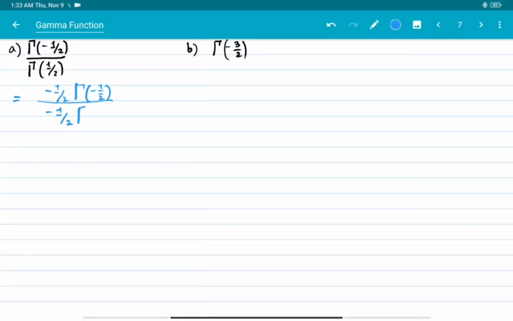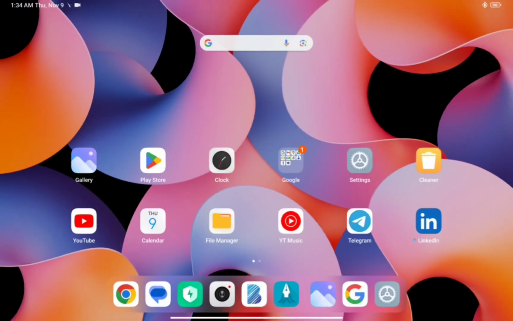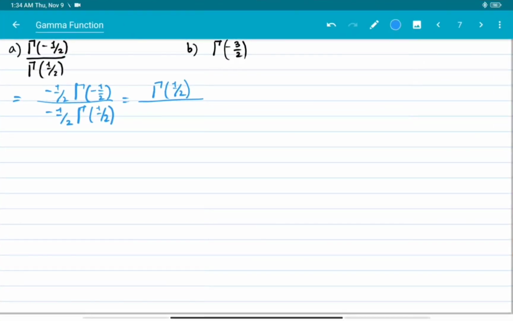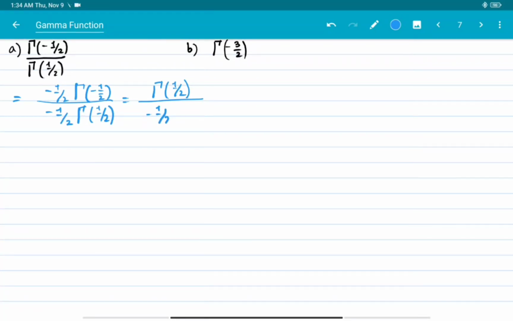So minus half times gamma of minus half becomes gamma of half in the numerator, and the denominator is minus half times gamma of half.